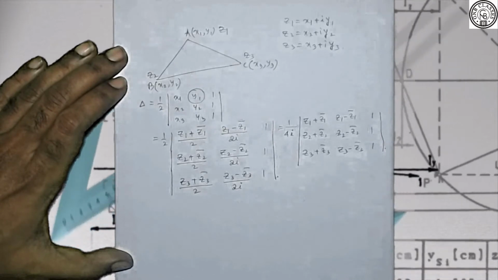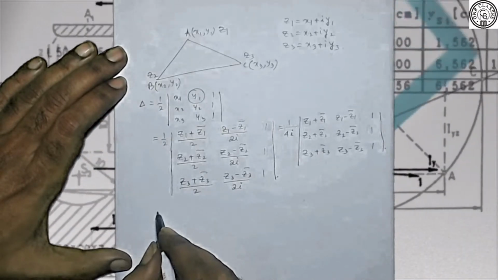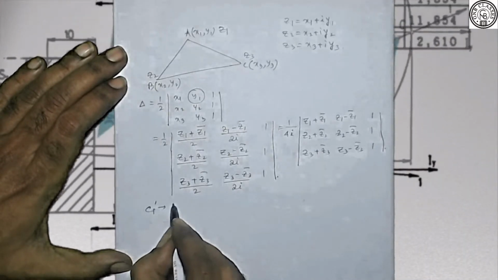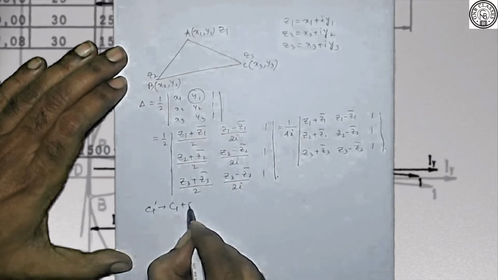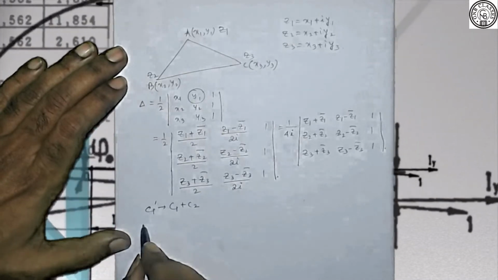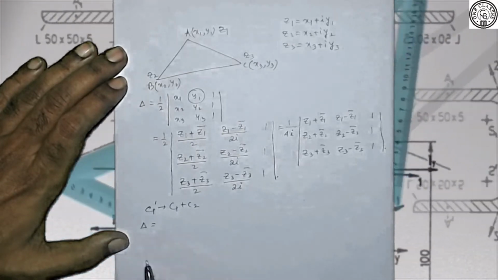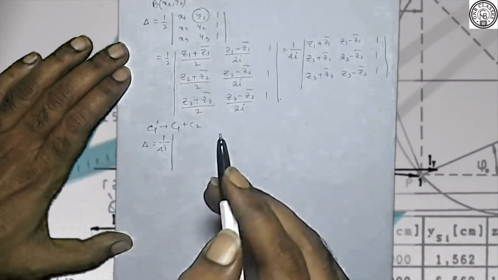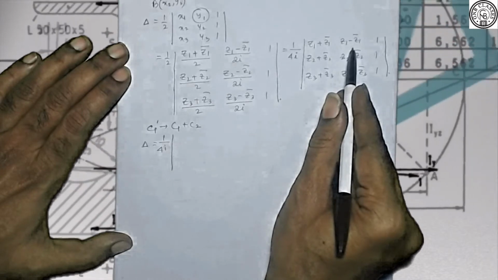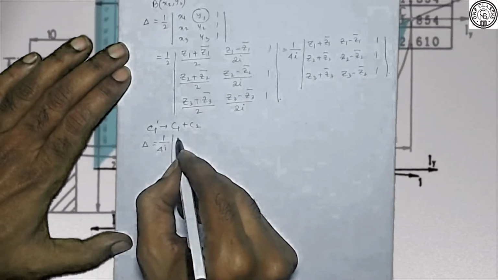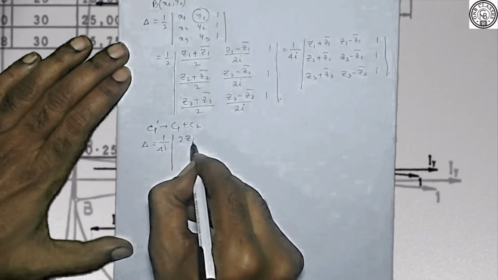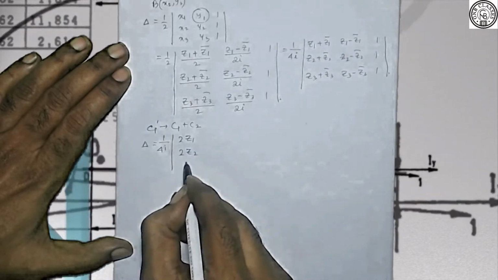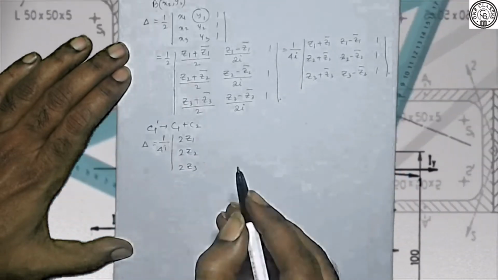Okay. Now I am applying column 1 dash is column 1 plus column 2. So what we are having? Del becomes 1 by 4 iota. Column 1 is column 1 plus column 2. So we are having 2Z1, 2Z2, 2Z3.